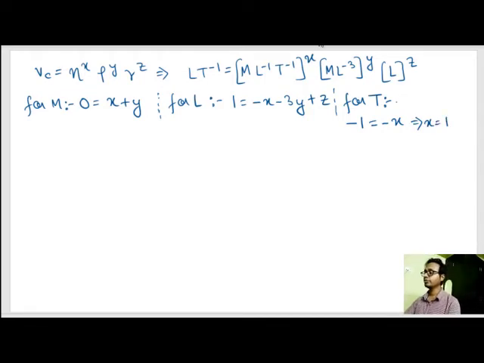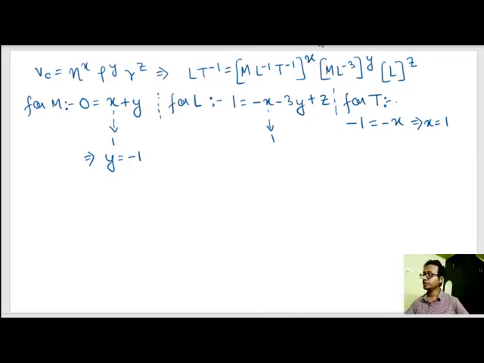So if we substitute x equals 1 out here, what do we get? We get y is equal to minus 1, since 0 is equal to 1 plus y.